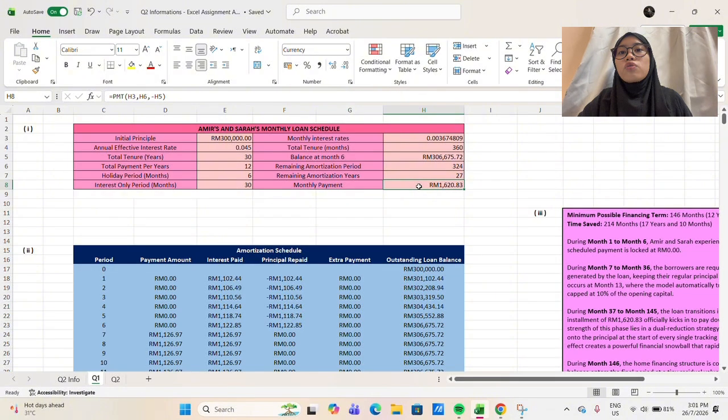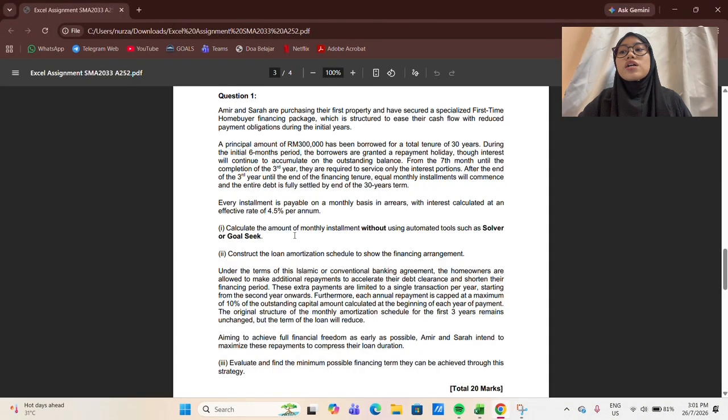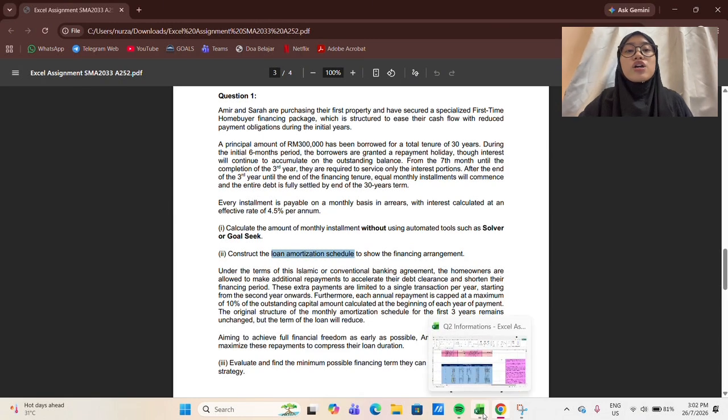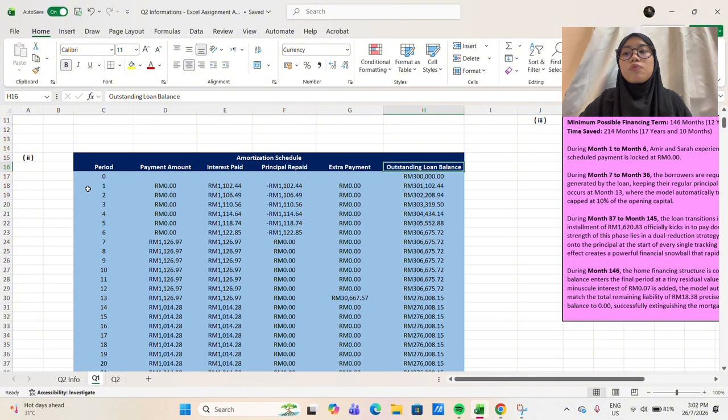And then for question 1, part 2, we construct a fully dynamic 360-month loan amortization schedule using 6 standard columns, which are period, payment amount, interest paid, principal repaid, extra payment, and outstanding balance. To make the schedule recalculate automatically without manual adjustment, we apply a nested if statement in the payment column.